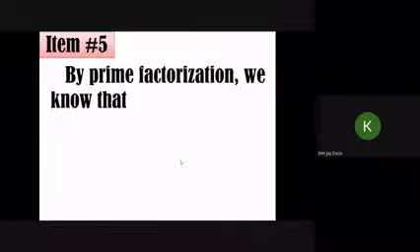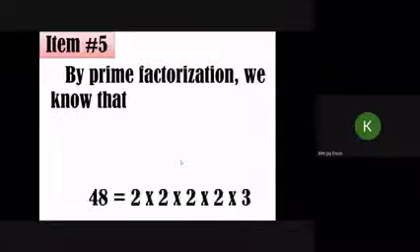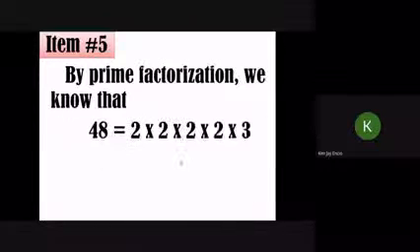One way for us to determine the GCF is by prime factorization. I believe we are familiar with prime numbers. These are whole numbers greater than or equal to 2 that have exactly two positive factors, 1 and itself.